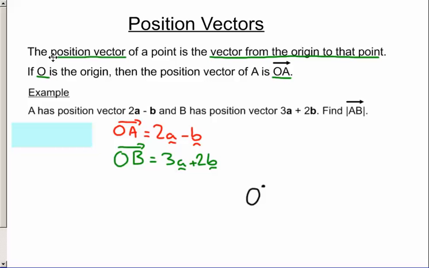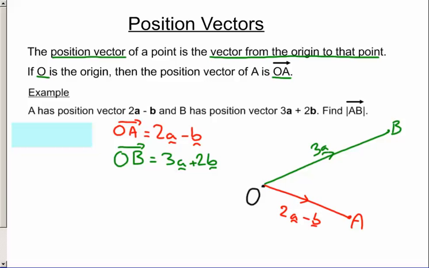We've got to A, maybe that goes something like this, A down here, and that vector is 2a minus b, and we've got another vector from O to some other point B, and that vector there is 3a plus 2b. So we're looking for the vector AB, so that is the resultant AB here.